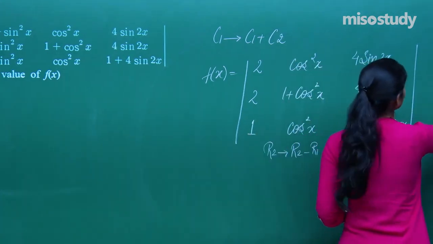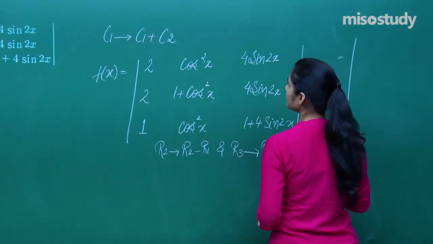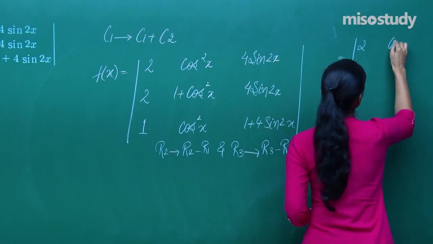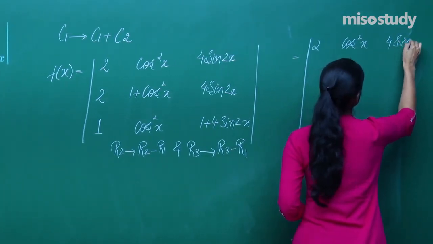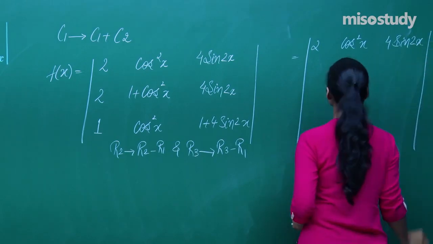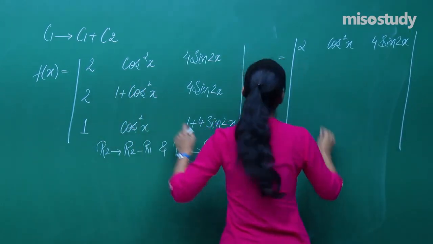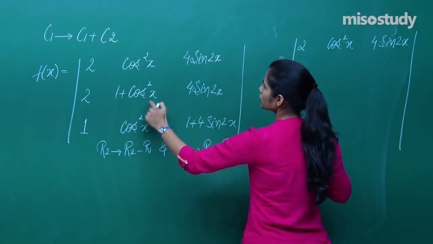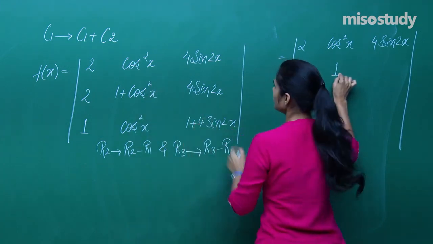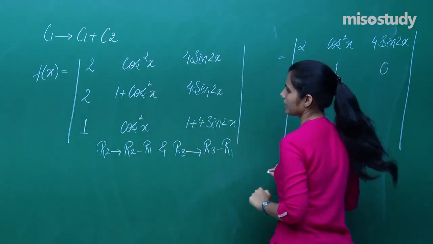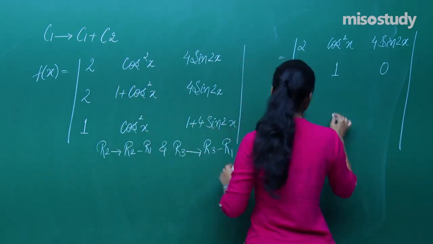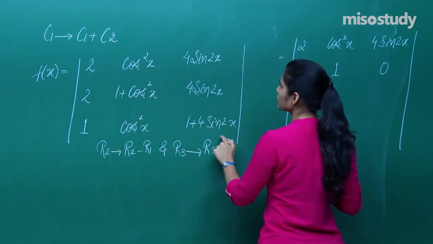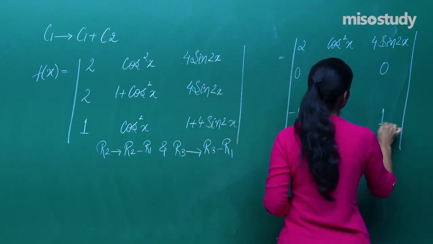Fine. So what you are going to get from here is basically 2, cos square x, 4 sine 2x, this is as it is. 2 minus 2 gives you 0, 1 plus cos square x minus cos square x gives you 1, and this minus this gives you 0 again. Then 1 minus 2 gives you minus 1, cos square x minus cos square x gives you 0, 1 plus 4 sine 2x minus 4 sine 2x gives you 1.